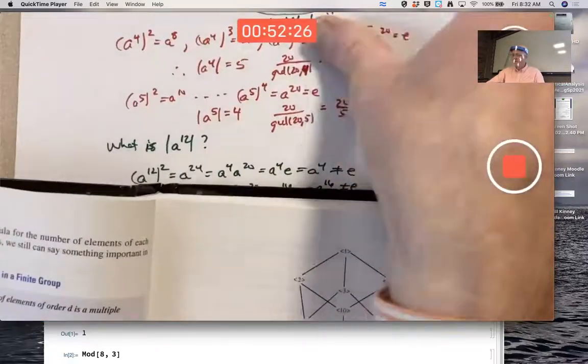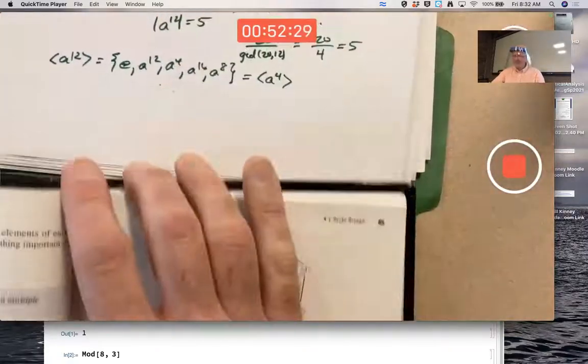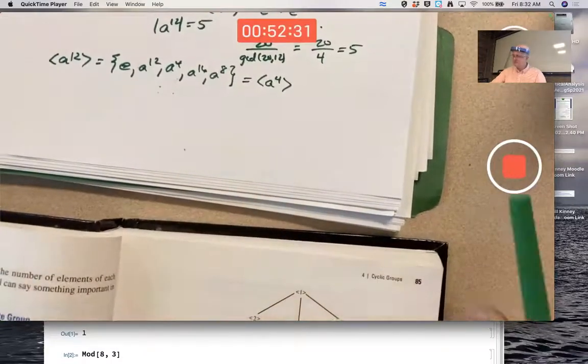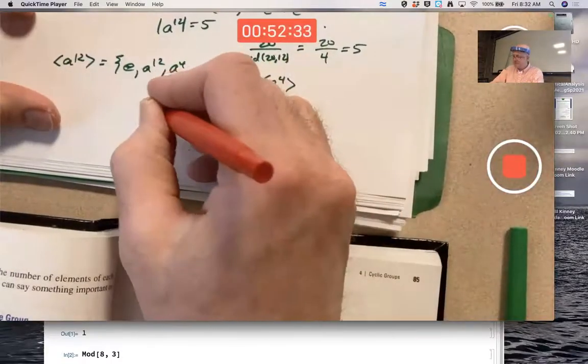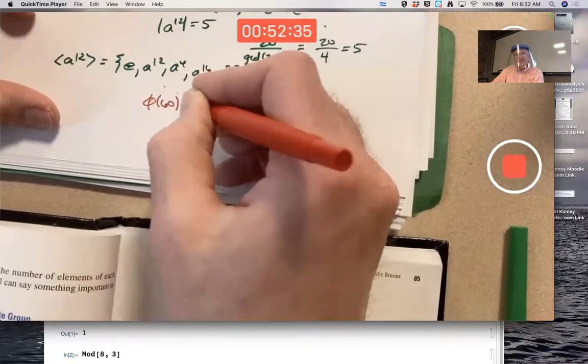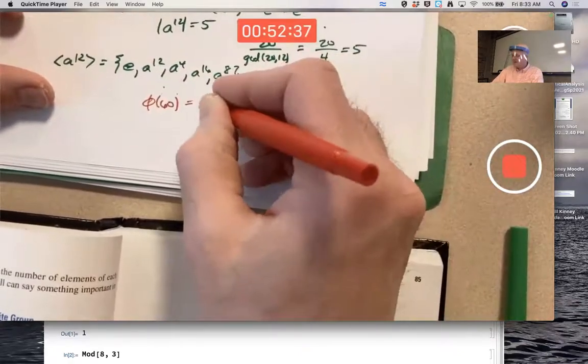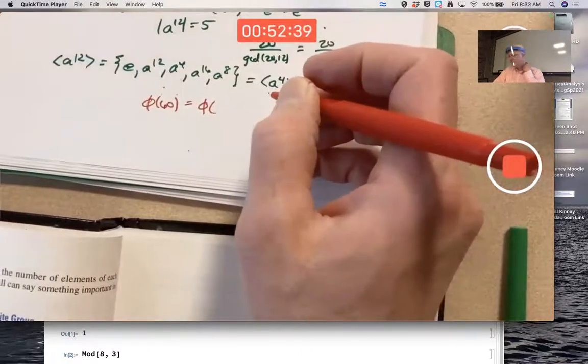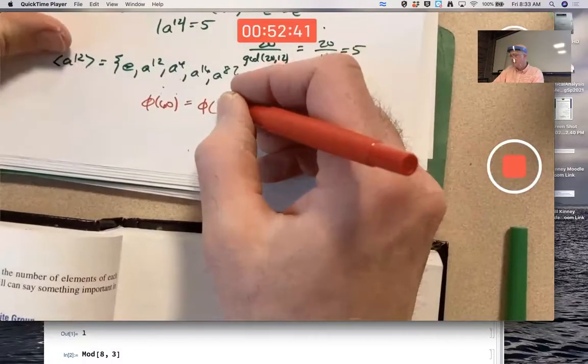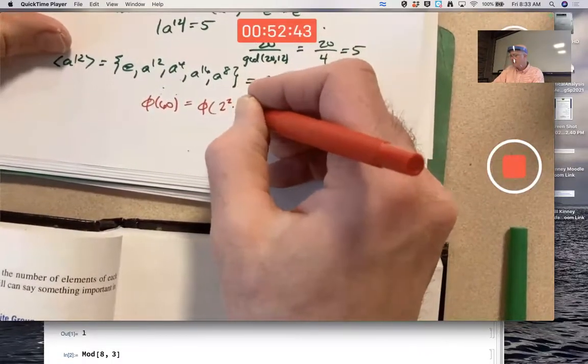What if we wanted to know phi of 60? Write 60 in terms of its prime factorization. It's 5 times 12, which is 2 squared times 3 times 5.